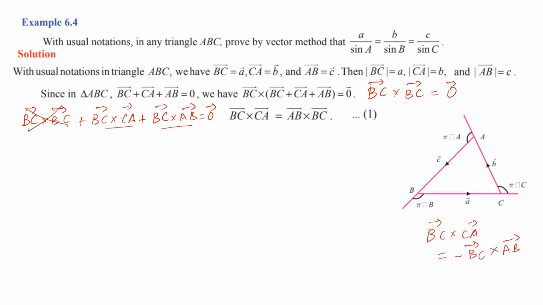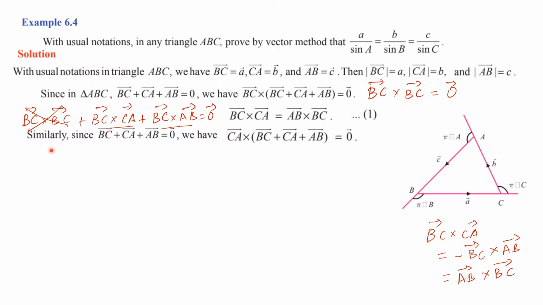And we know that minus BC vector cross AB vector is equal to AB vector cross BC vector. So substituting this and moving it to the other side, you have vector BC cross product with vector CA is equal to vector AB cross product with vector BC. Okay, I hope it's clear so far.